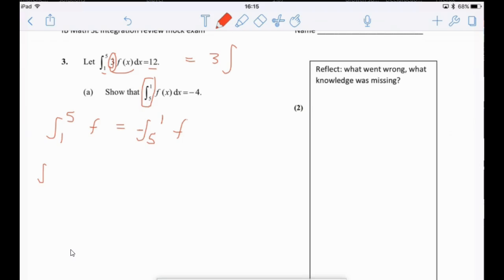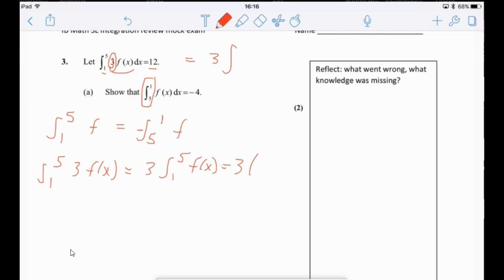So let's show how the 12 becomes a negative 4 here. So the first thing you're going to do is you're going to say, okay, well this is just the same thing as if I would put the 3 out front, right? And then the next thing is, well, if I switch the 5 and the 1, that's the same thing as taking the negative of the integral.